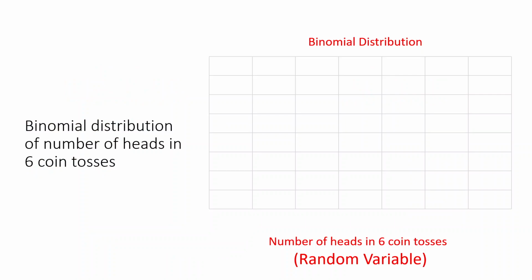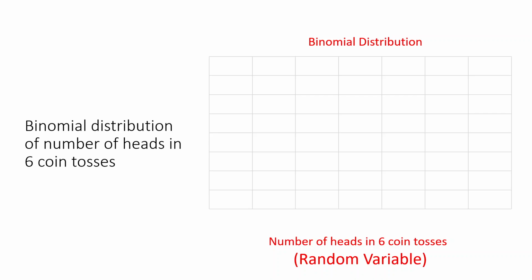So basically, if I measure the probability using binomial distribution, you will get a graph like this. On the x-axis, you will have the random variable. The random variable, for a coin toss experiment, is the number of heads in 6 coin tosses.